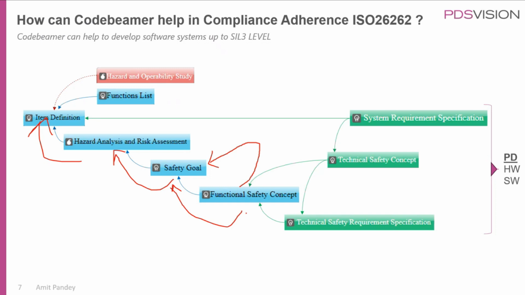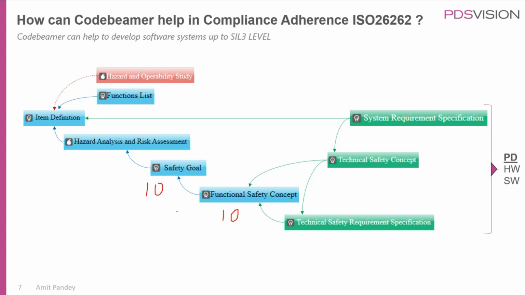So it has to be connected to the safety goal. Ideally, if I have 10 safety goals, I should have at least 10 functional safety concepts. I can have multiple functional safety concepts connected to the same safety goal, that's fine. But there should be at least one functional safety requirement for every safety goal.